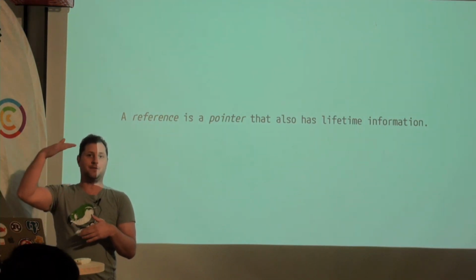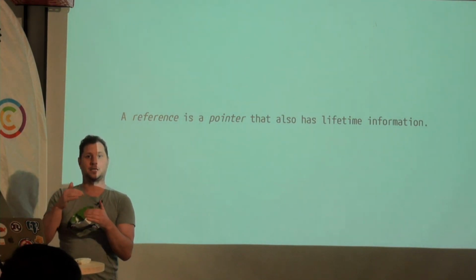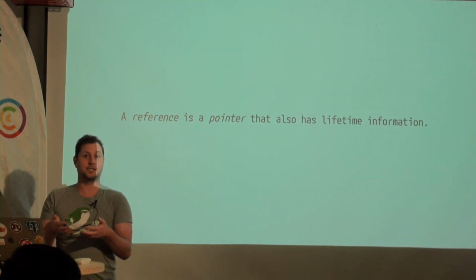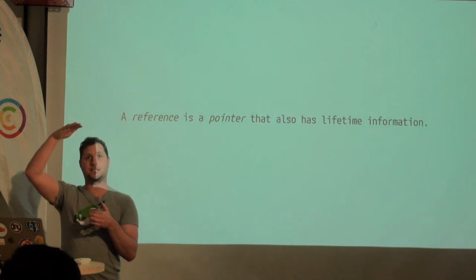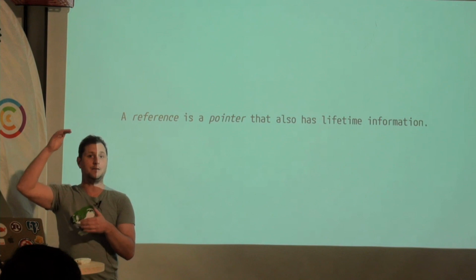A value might be valid from time 2 to time 5. And if I attempt to access that variable at time 6, 7, or 8, those would be invalid accesses. Or if I had started to access it before it had been initialized, say at T1, that would be invalid.